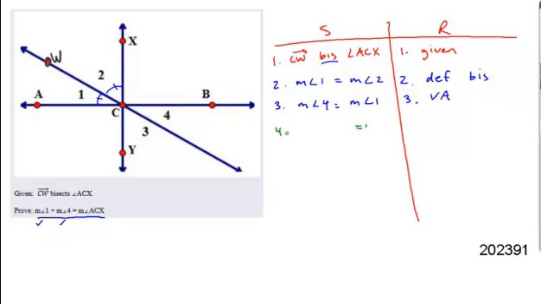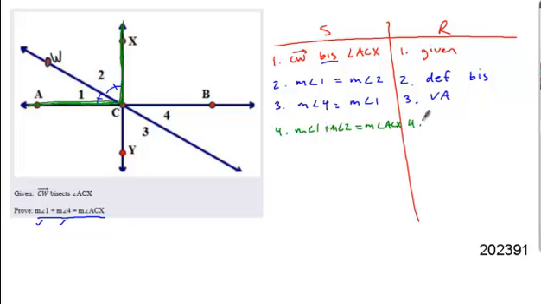If I want to introduce my last end state element, ACX, I can also introduce it in the structure of that statement. Here's ACX. ACX is made up of what parts? The measure of angle 1 plus the measure of angle 2 is equal to the measure of angle ACX.